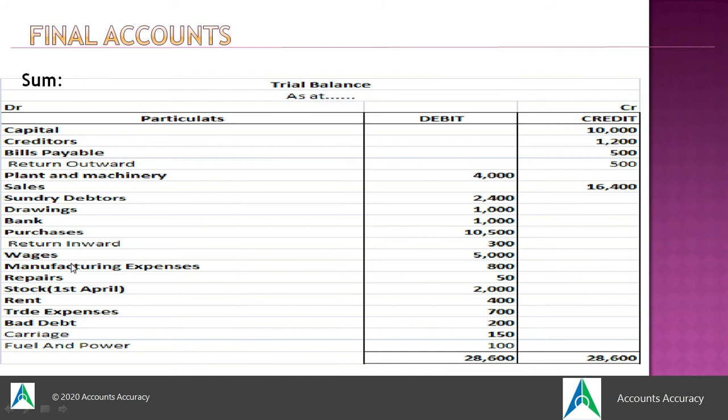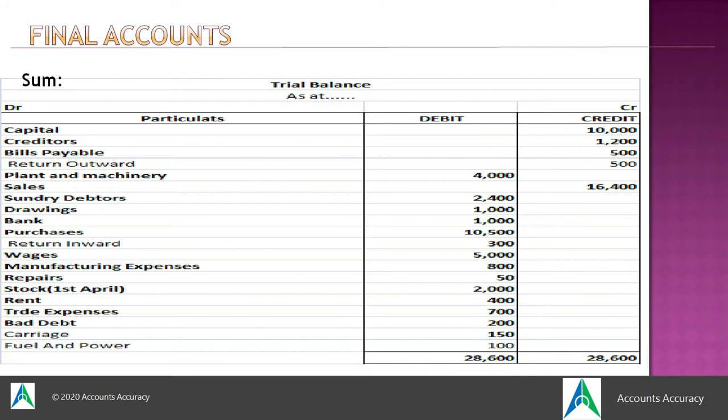Wages and salary, or salary and wages, anything you can get. Salaries, you have to remember, is an indirect expense which is paid to the permanent workers. But wages is a direct expense which is paid on a daily basis to the people who do the factory job.